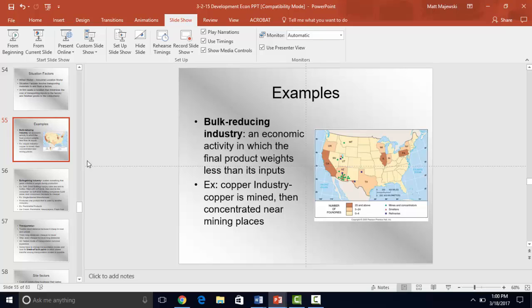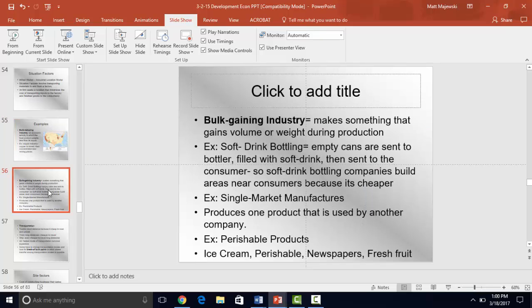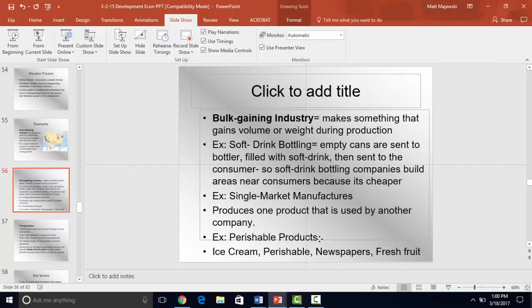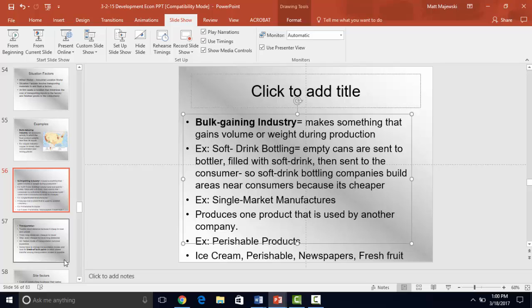Well, it probably has a lot to do with whether they are bulk reducing, bulk gaining, or whether they perhaps are a single market manufacturer or perishable products, which would explain their location. Folks, again, this is known as the industrial location model by Alfred Weber.